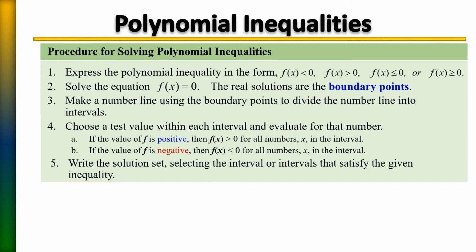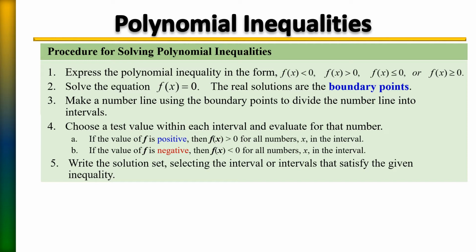You're going to use those boundary points from step 2 to go to step 3 and make a number line where you label those boundary points, because they divide the number line into intervals. Once you get these intervals, you're then going to proceed to step 4 and test a point within each interval and see whether it produces a positive or negative.